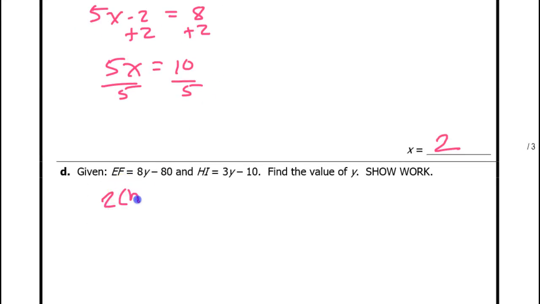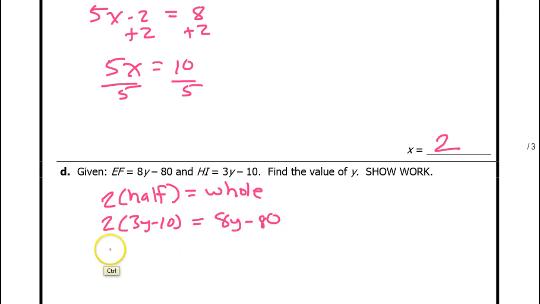Okay, so 2 times a half is equal to a whole. So 2 times the 3y minus 10, all right, HI was the mid-segment, is equal to 8y minus 80. So a little distributive property gives us 6y minus 20.